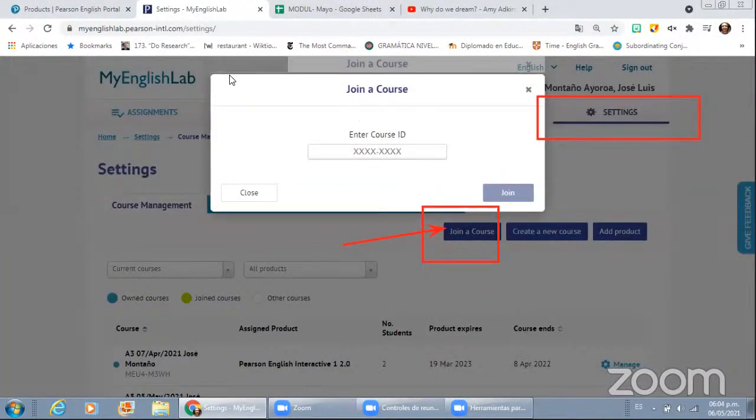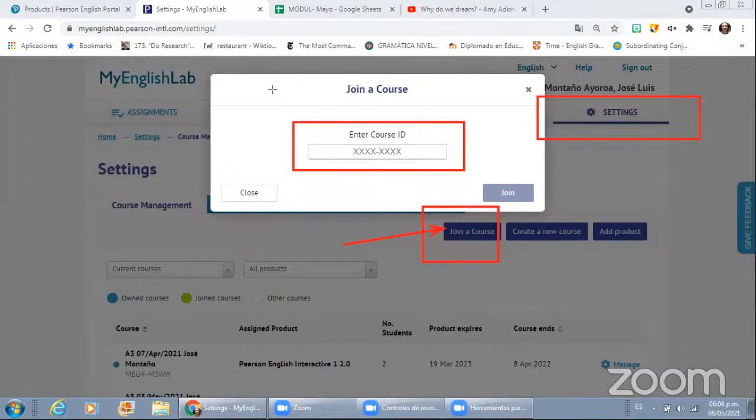Here is where you need to paste the ID that is in the chat. Please, let's do it now, Sharai, and you're going to tell me if you were able to do it. Okay, teacher, wait a second, please.